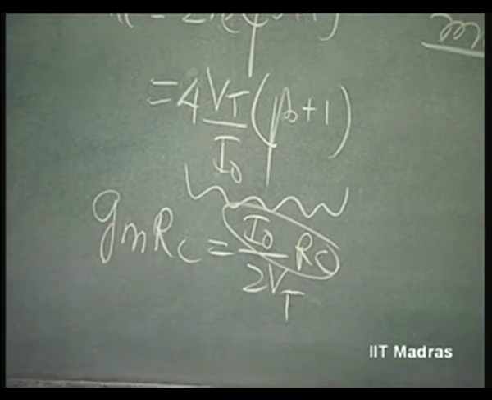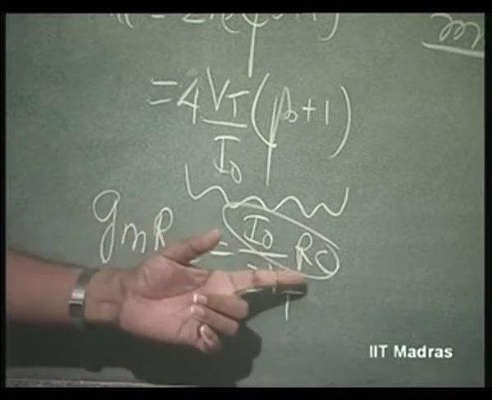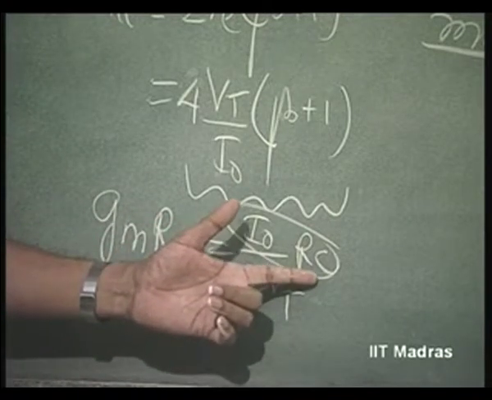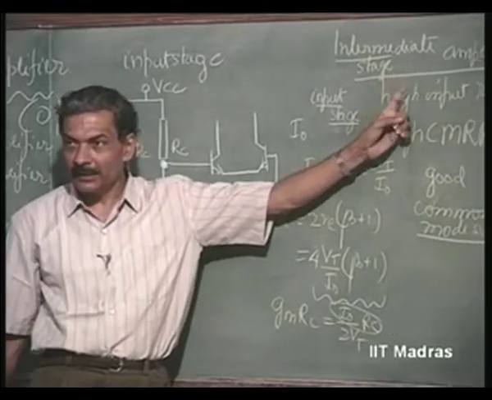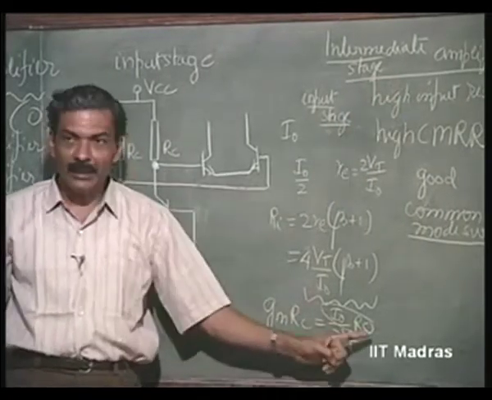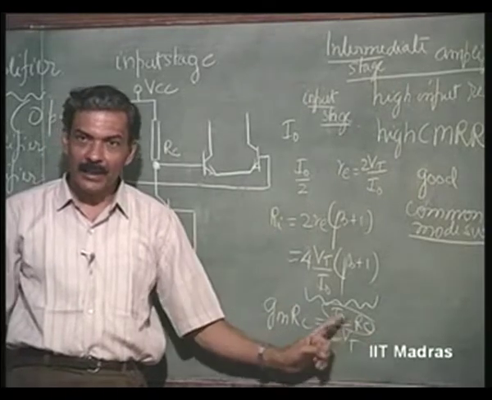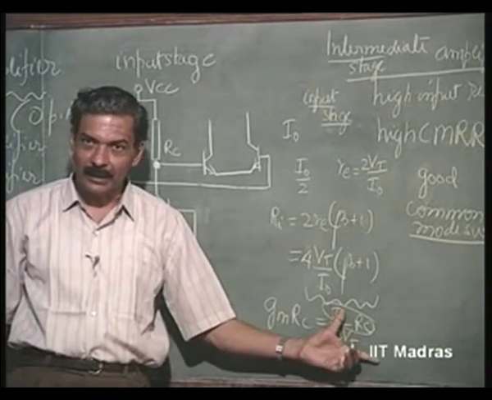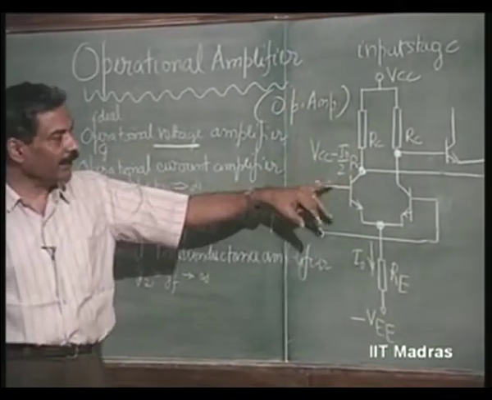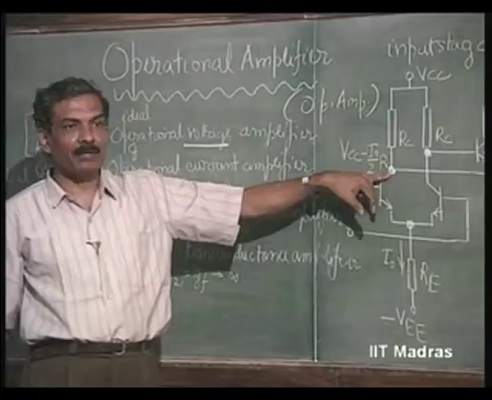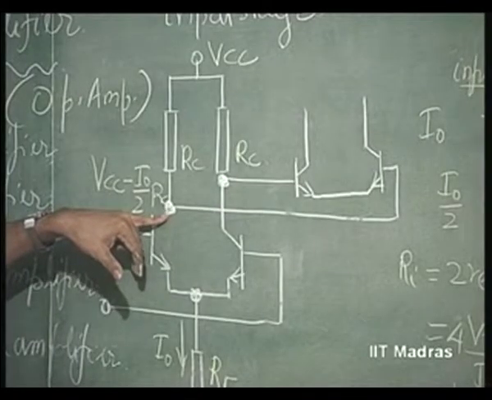Now, I naught into RC can be maintained at whatever level you want. When I naught is reduced for the sake of increasing the input impedance, RC can be increased, making I naught into RC high. But the moment I naught into RC is made high, the common mode voltage capability goes down.